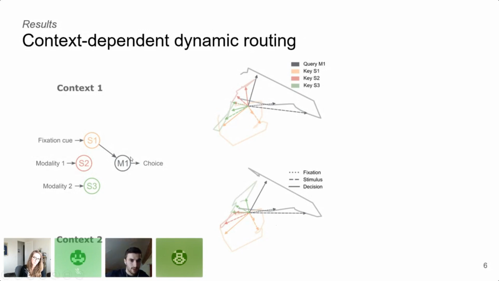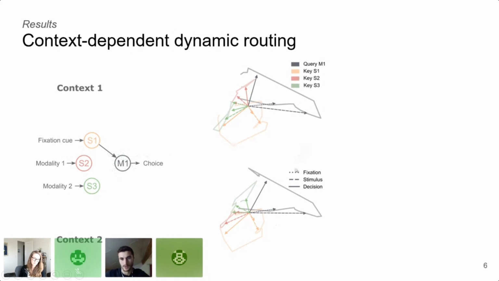If you're not familiar with the attention mechanism, the idea is that the motor module here will output a query, and each sensory module has its own key. And the motor module will be attracted to the sensory module which has the key which is the most similar to the query of the motor module.